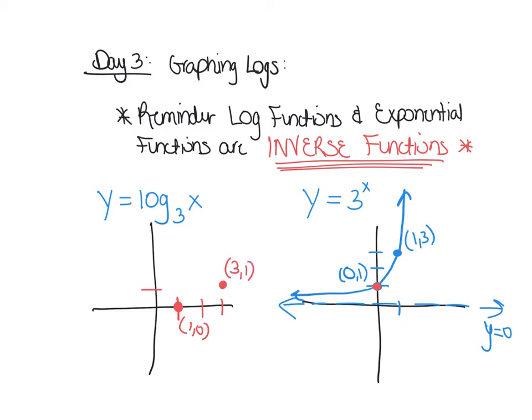Okay? When we reflect our y equals 3 to the x over the line y equals x, the graph itself reflects over, but also the horizontal line y equals 0, which is your asymptote, and it becomes a vertical asymptote.